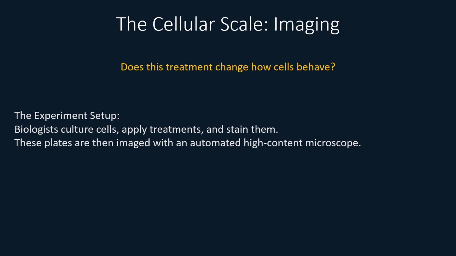Those images are then segmented and quantified, turning pixels into per-cell measurements like size, shape, intensity, and texture, for example. By the time this reaches you as a CSV file, the raw images are gone.